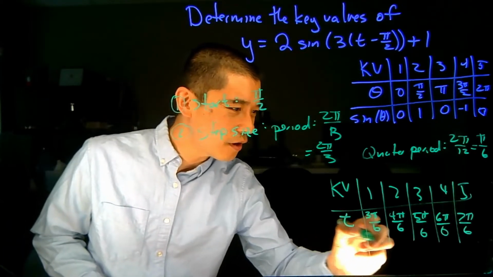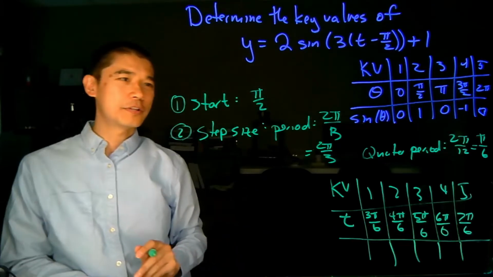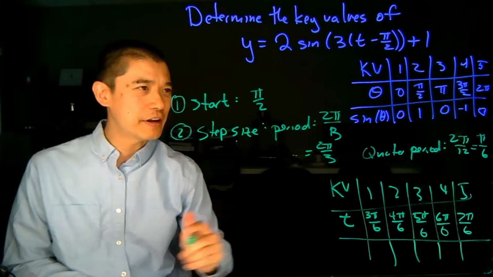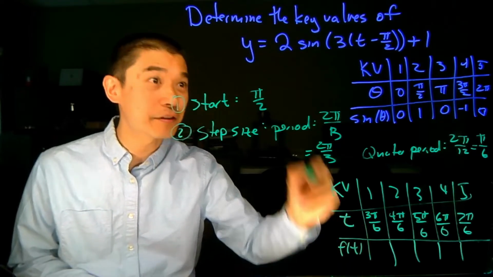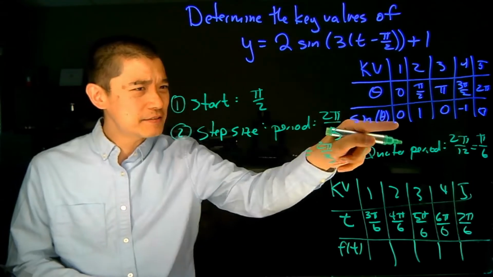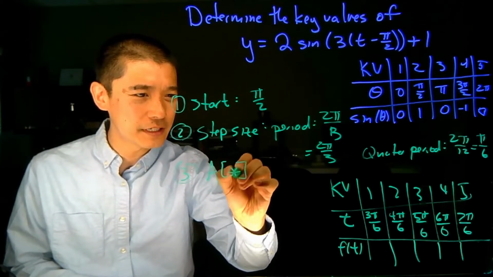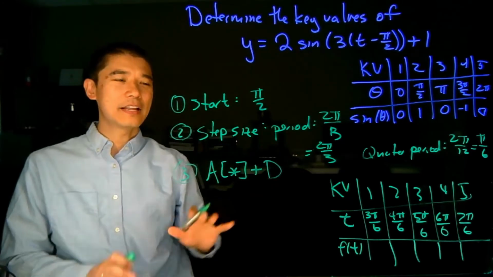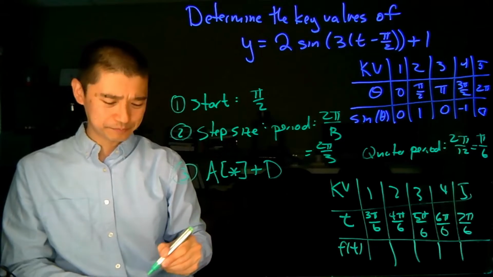Right, so that gives us all of our new horizontal coordinates for the chart of key values. And our function, which I'm just going to write f of t here so I don't have to fit that whole thing up here. For this, we're going to take these values, and the formula is going to be a times the quantity plus d. And again, we'll see where all this comes from later on, but right now just go with the formula.